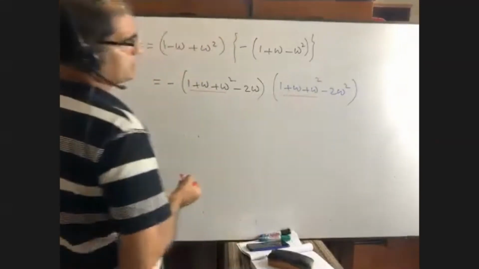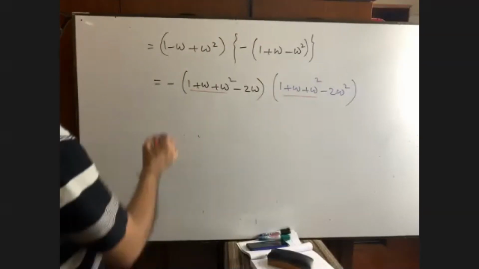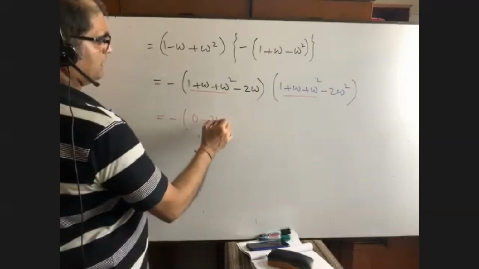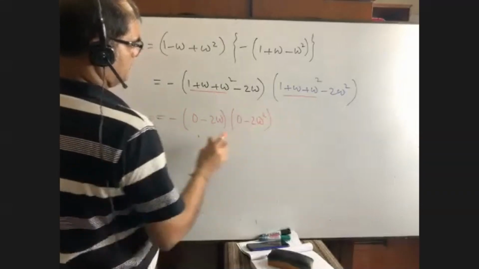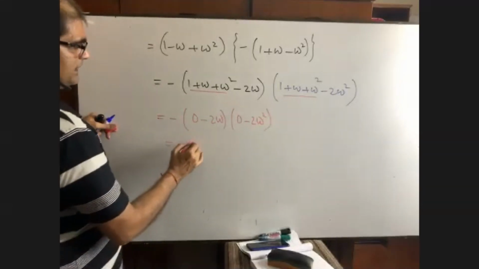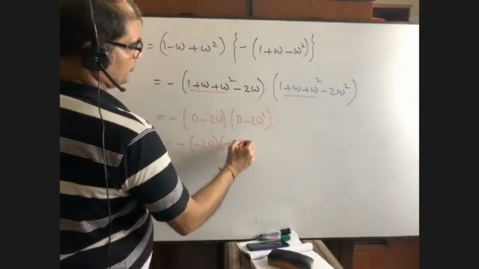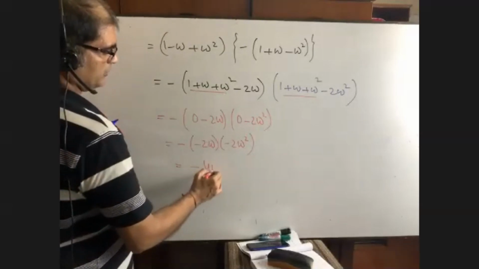It is equal to what? 0. Now we are getting minus, this is 0, minus 2 omega, this is 0, minus 2 omega square. That means this is minus 2 omega, this is minus 2 omega square, right? So we are getting minus 4 omega cube.